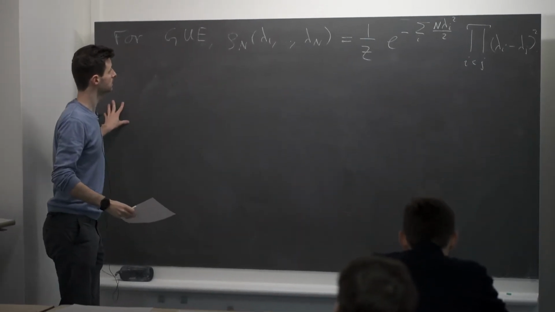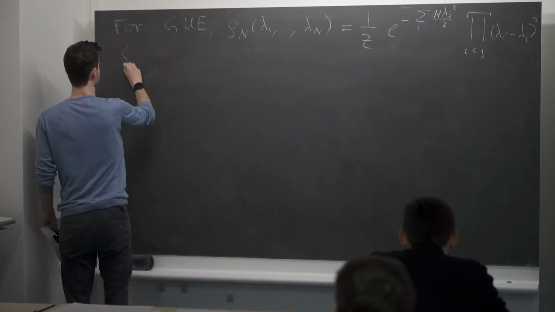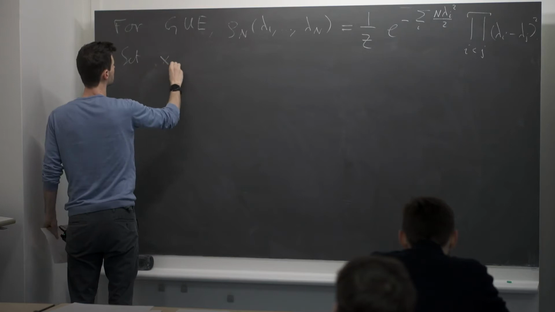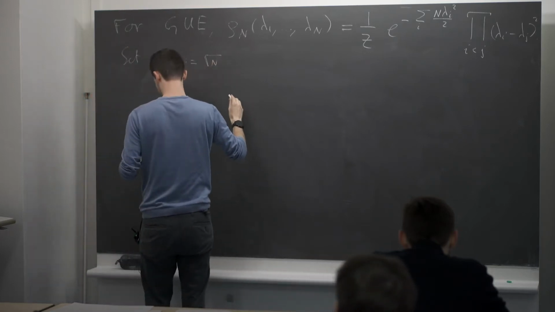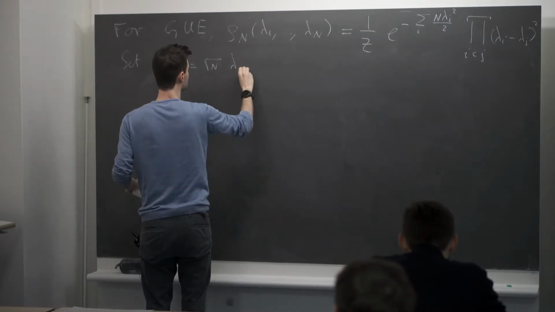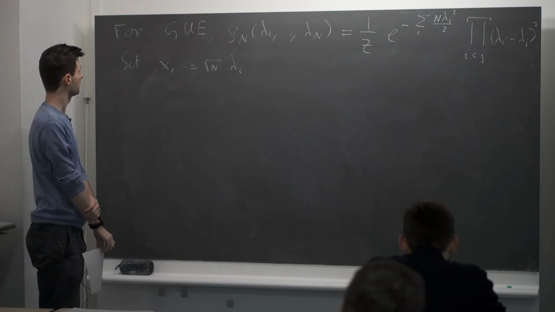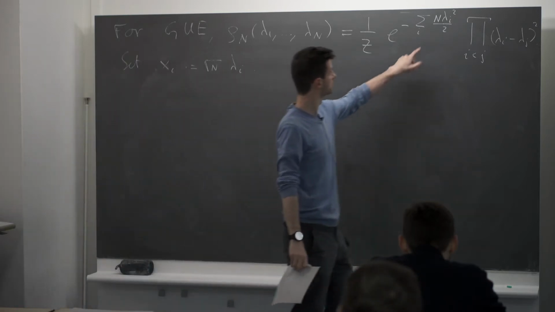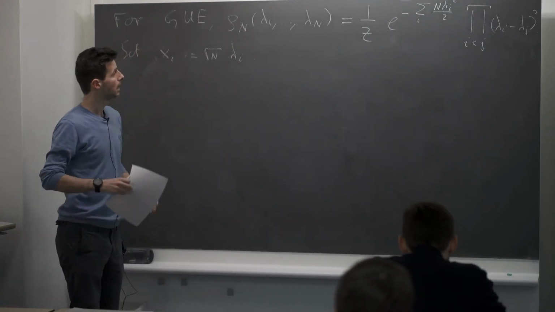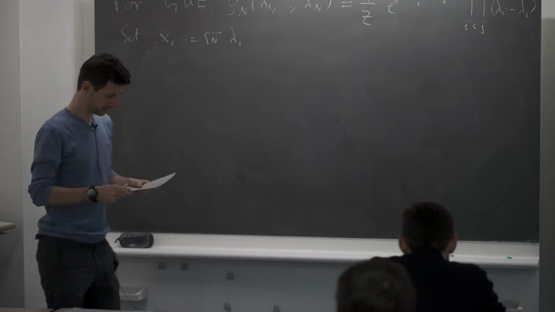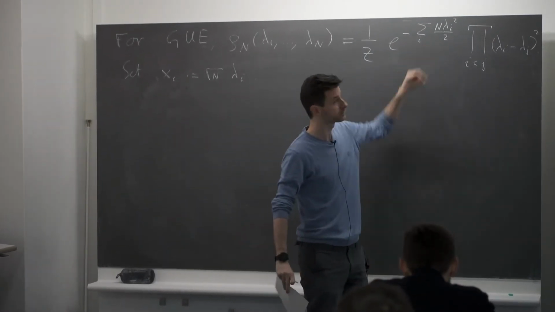Okay, so that was the density for GUE. Now we do a change of variables, which I do mainly so as to get rid of this n here, and then the density is the same thing except this n just vanishes.